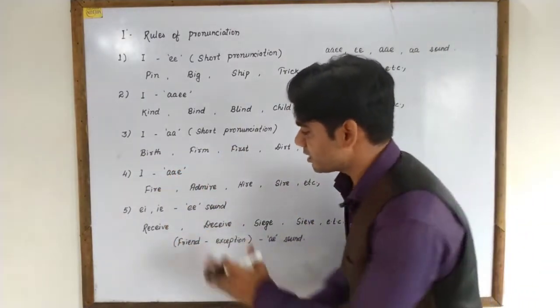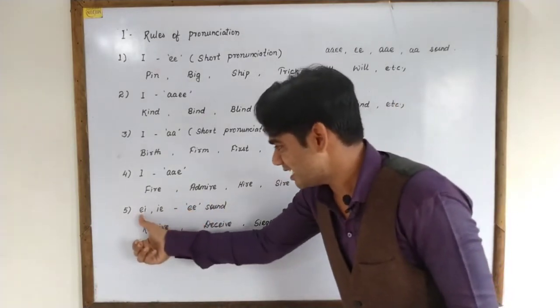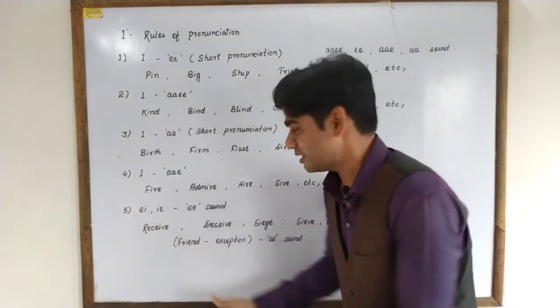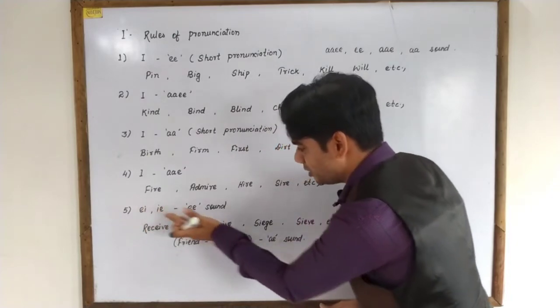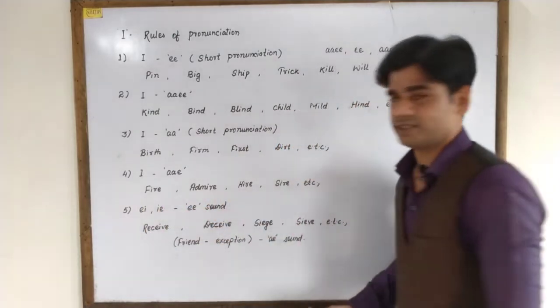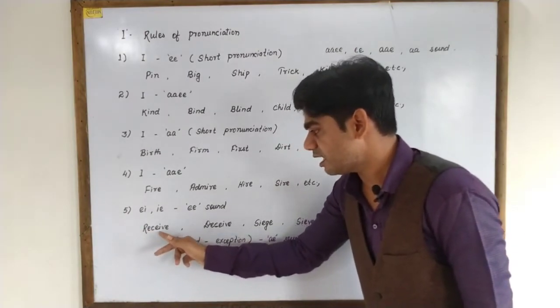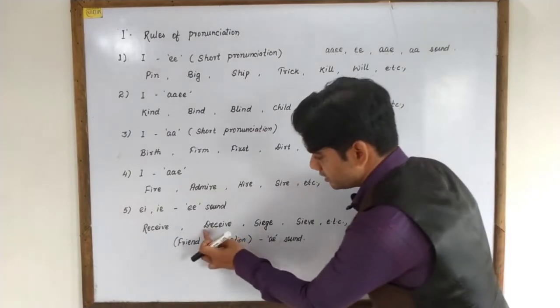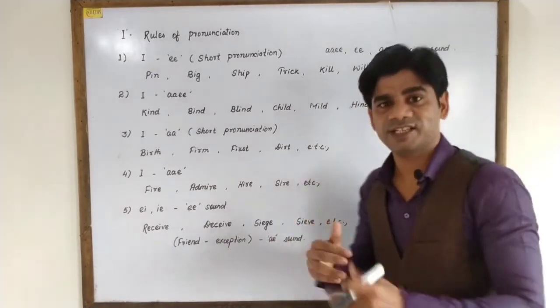Now, the last sound of letter I is what? There are some words that have EI or IE letters and it produces E sound. For example, R-E-C-E-I-V-E, receive. D-E-C-E-I-V-E, deceive.